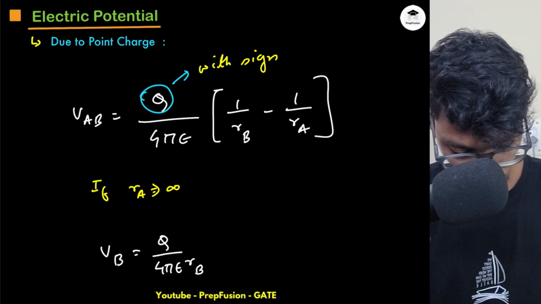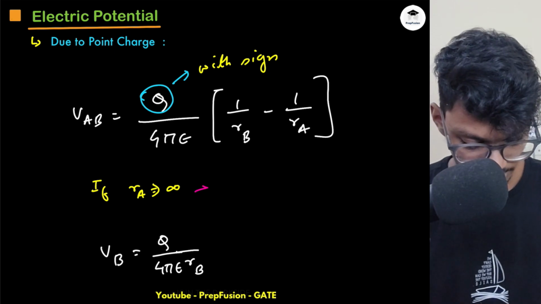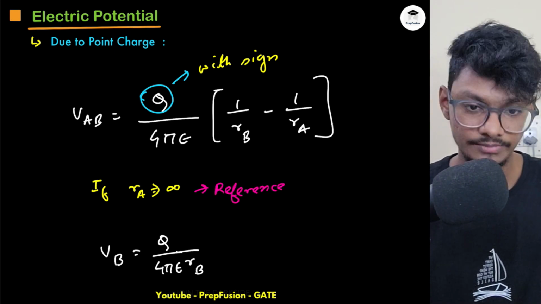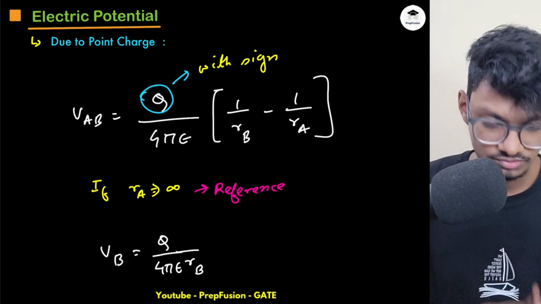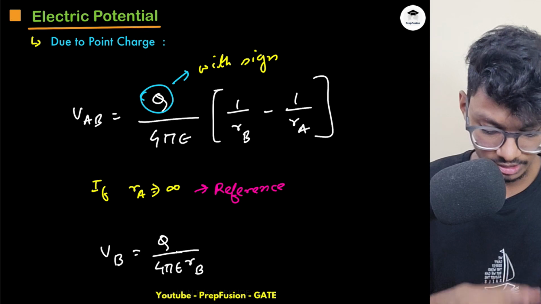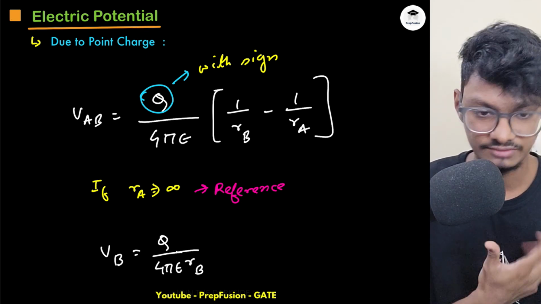So that's why I told you previously that sometimes we take infinity as reference. So you have to understand this, right? But do remember Q is with sign.